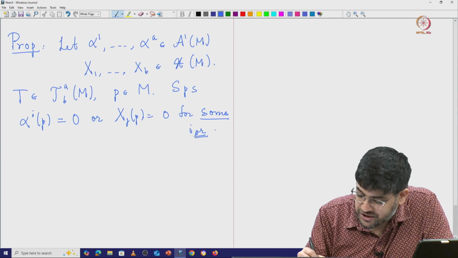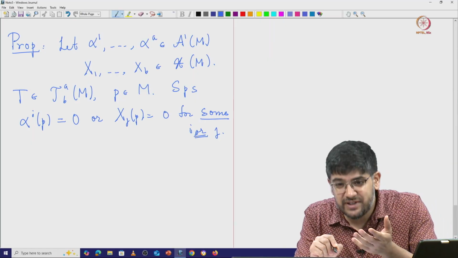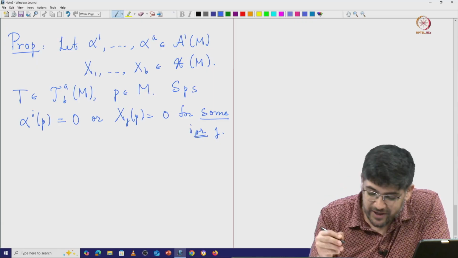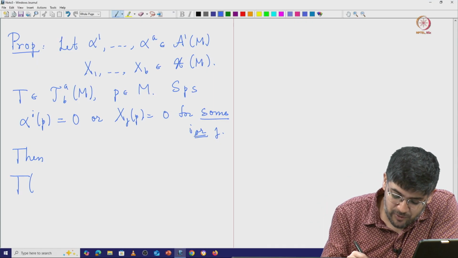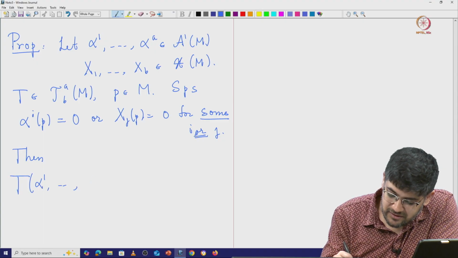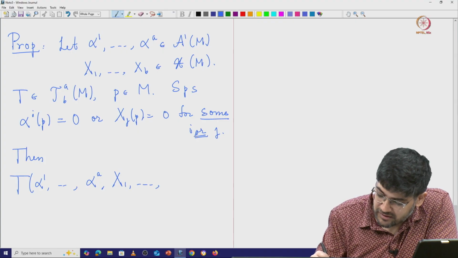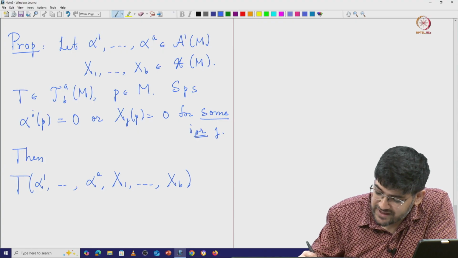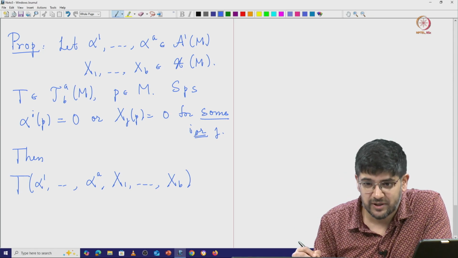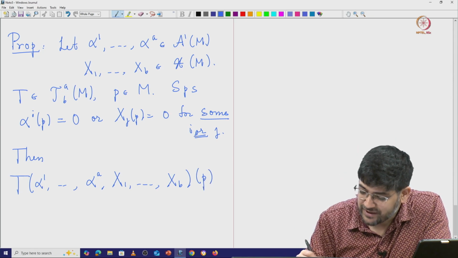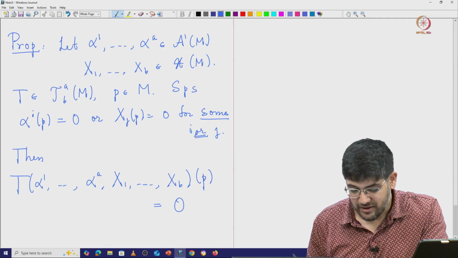Suppose one of these covectors or vector fields is 0 at this point P. Then the conclusion is that if you apply the tensor to this, you get a function on M by the definition of a tensor field, and if you evaluate that function at P, it is 0.